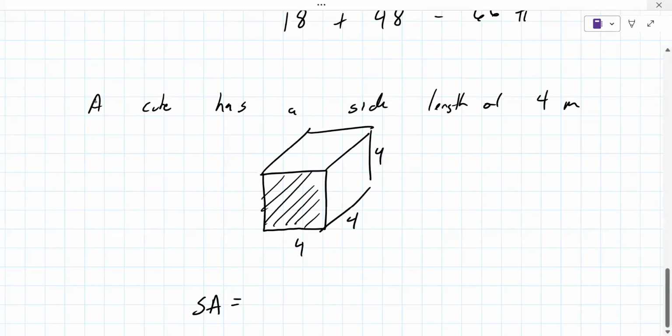And then how many of those faces are there? 6. So it'd be 6 times 16, 96 would be 96 meters squared. Good. Good. Okay. Now where this gets a little bit more difficult is if the faces aren't the same, but we're going to ignore that possibility for now.